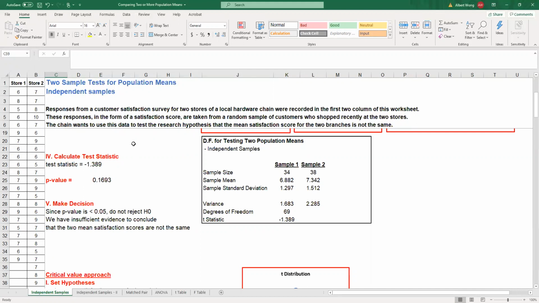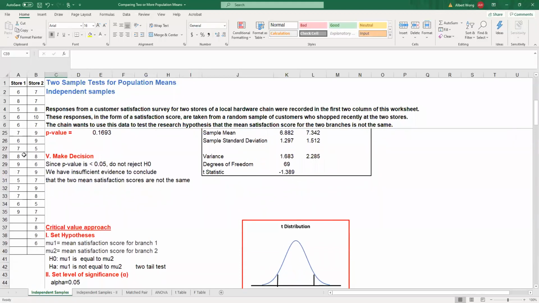So you need to think about whether we have two independent samples from a conceptual standpoint. The other way of looking at it is that when you have two samples and the sample sizes are not the same, they probably would be two independent samples.